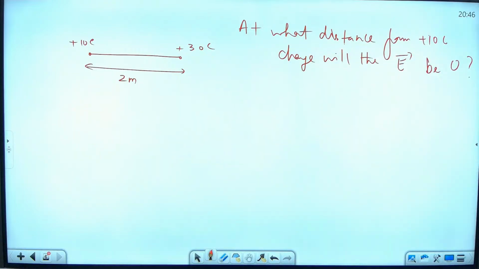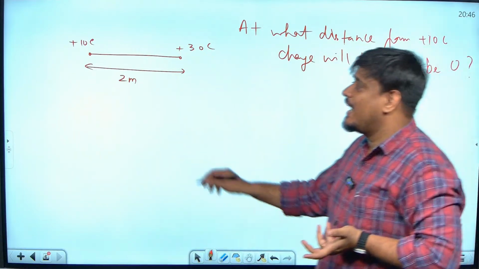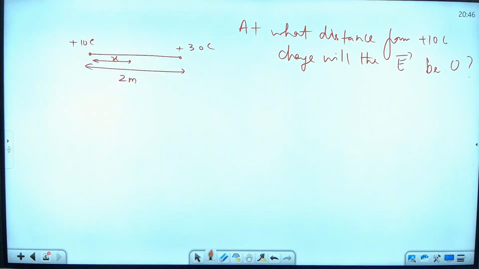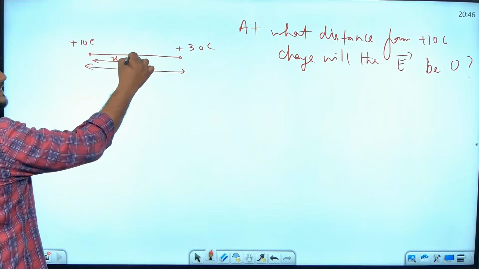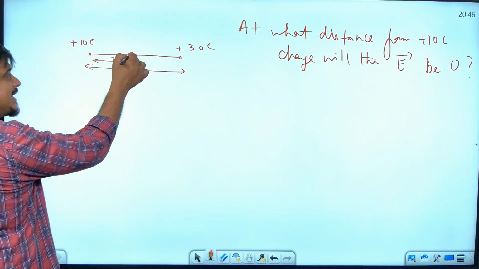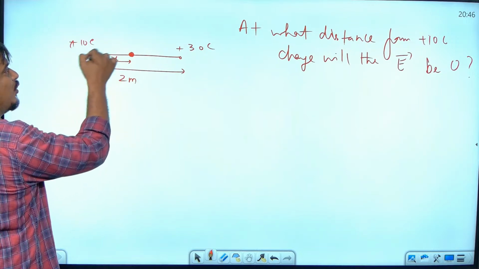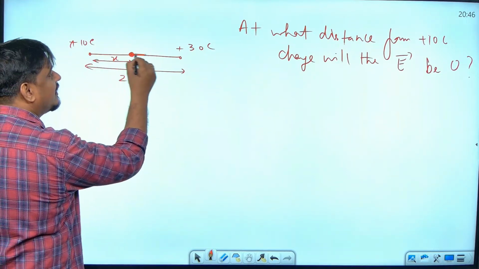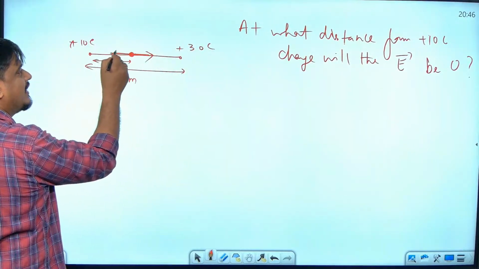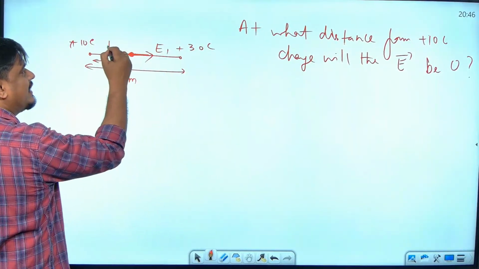How to solve? You will assume that E to be 0, at x distance from plus 10 coulomb. The other distance is 2 minus x. At this point, plus 10 coulomb will give a repulsive field, and plus 30 coulomb will give a repulsive field, E1, E2.